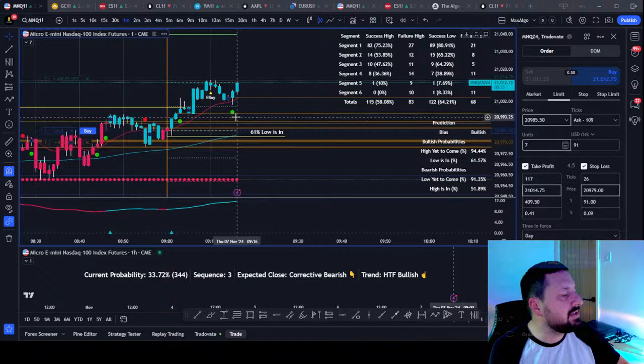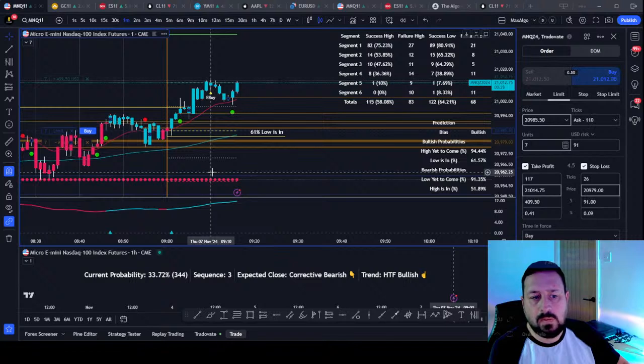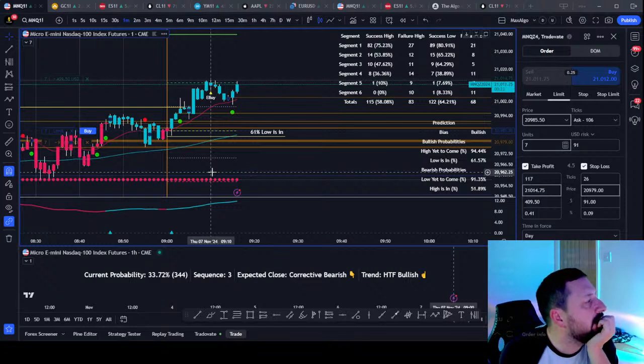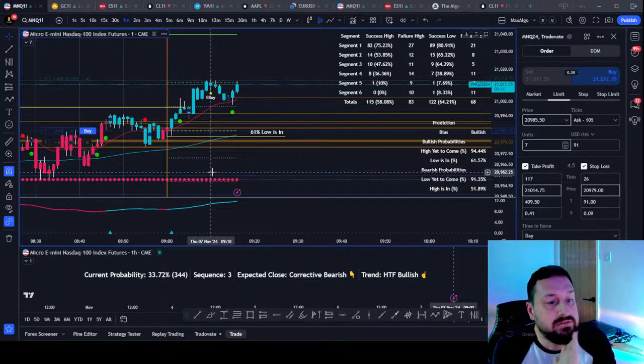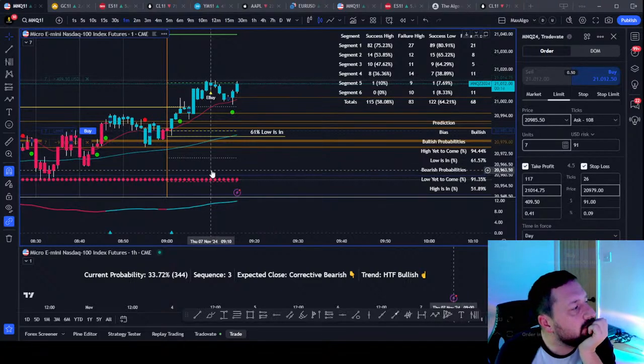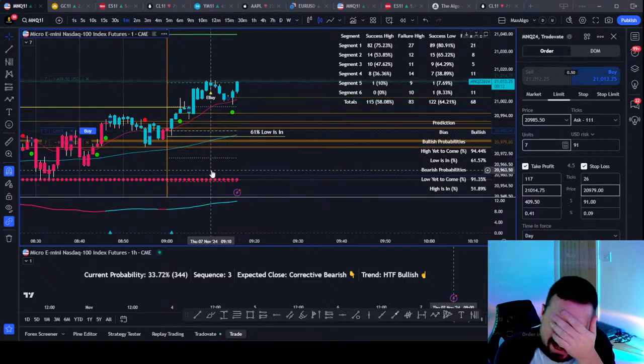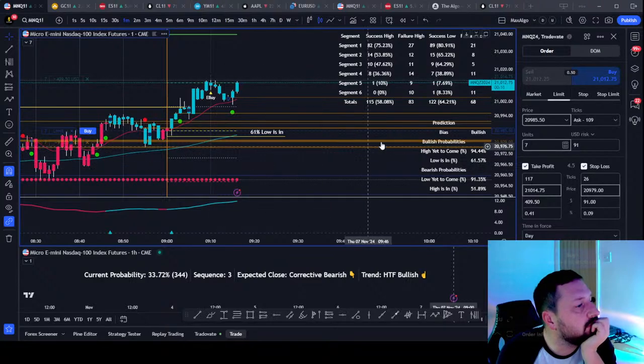If we take this high, we're not yet in sequence 2. We're 16 minutes in, right? But that probability is going to be about 70% already, I reckon.